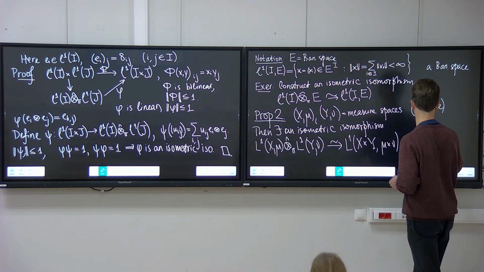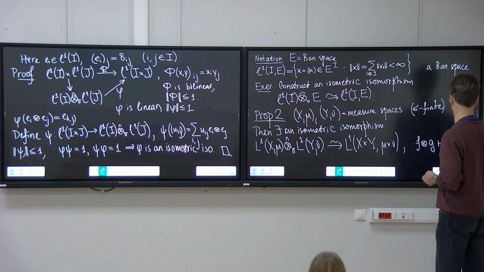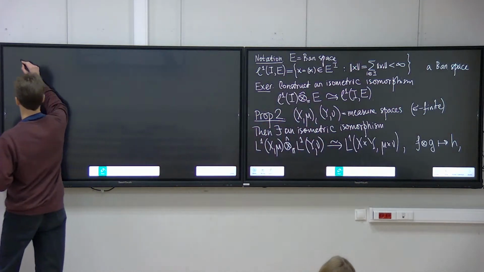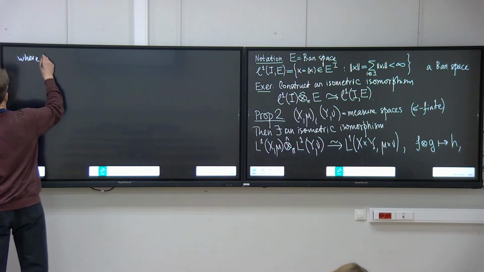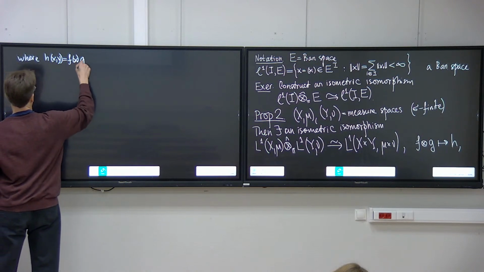It takes every elementary tensor f tensor g to the function h, where h is given by the following formula. This is f of x, g of y.